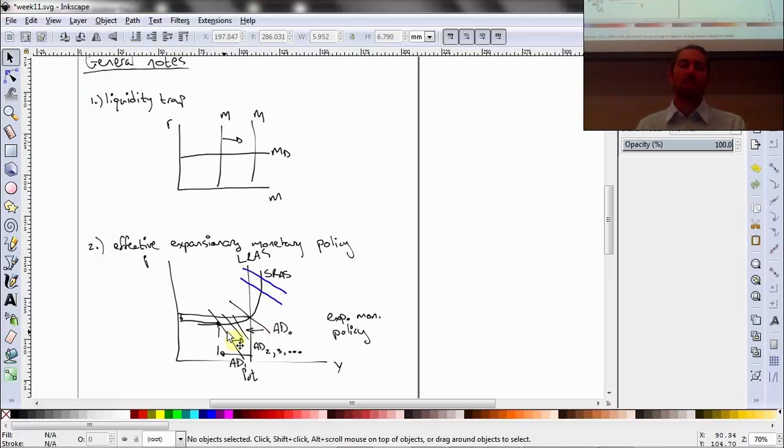And you're going to use expansionary monetary policy when you're below potential, where the short-run aggregate supply curve tends to be relatively flat anyway. So that counteracts the negative effects of monetary policy.